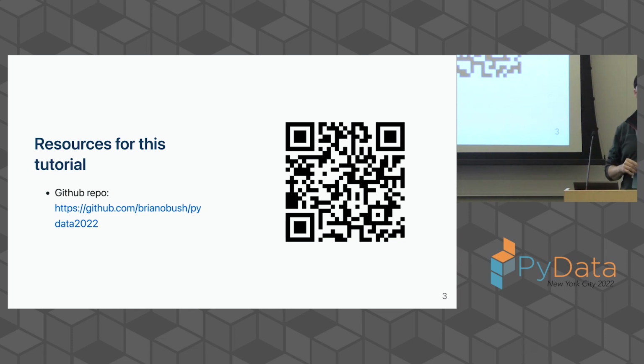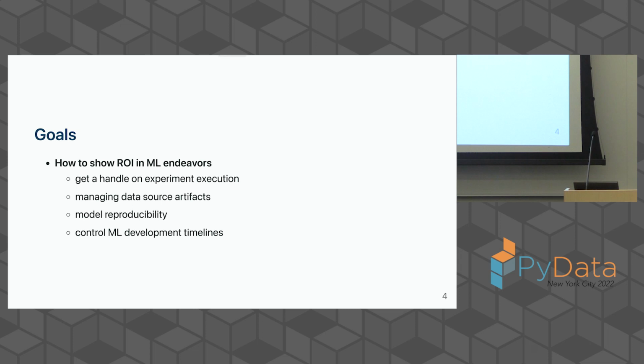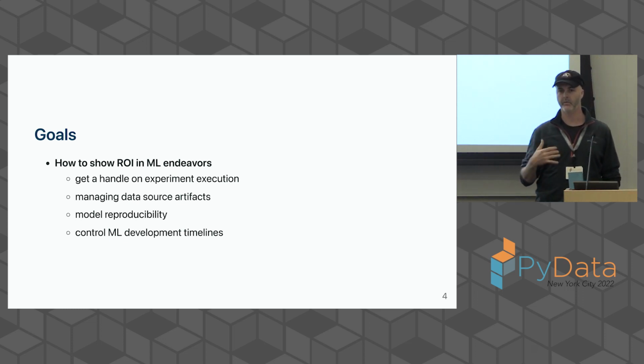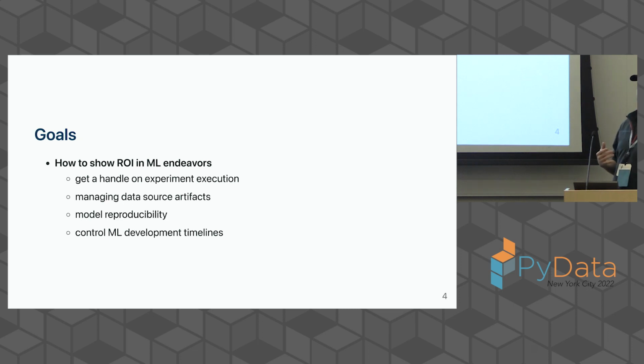My main goals are to show my unit managers the ROI for doing ML, right? And in doing that, getting a handle on how much time we spend doing experiments. You can't just go off, like you used to be able to do. You'd go off for a month or two, and then say, oh yeah, it's hard, right? But we've gone past that now. Other parts are getting a hold of the data source artifacts that you build and transform along the way.